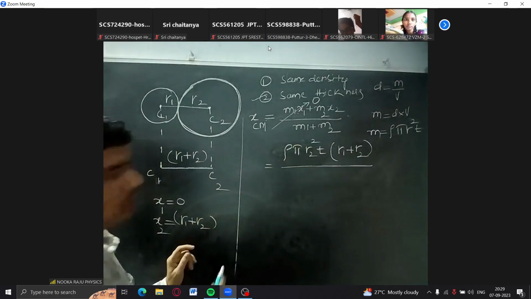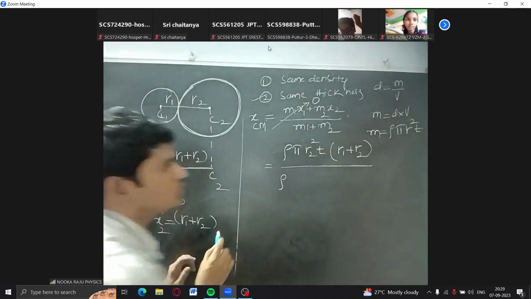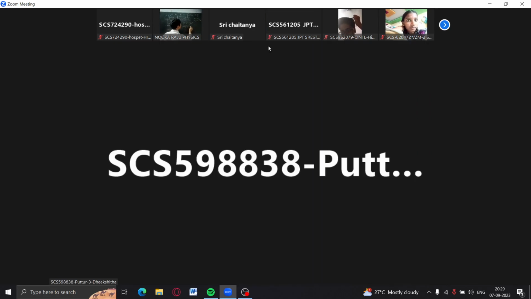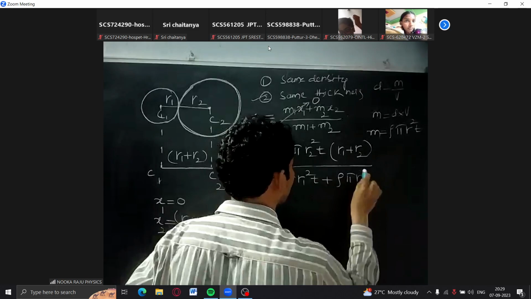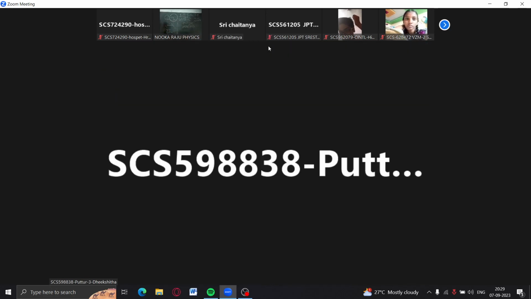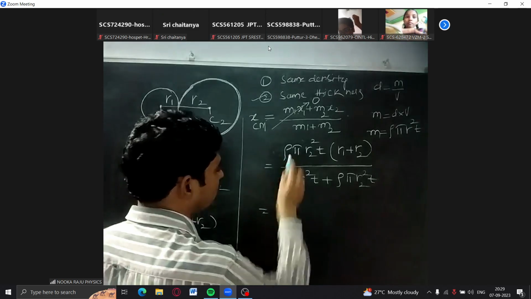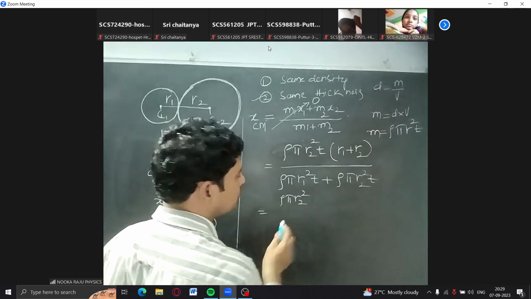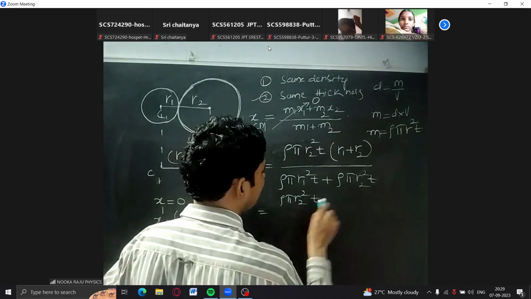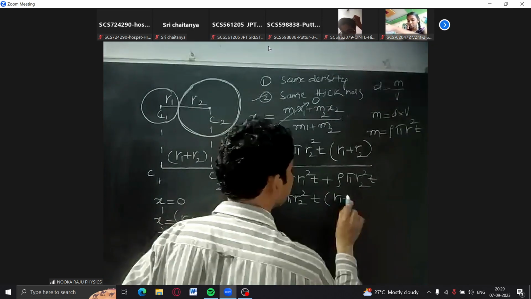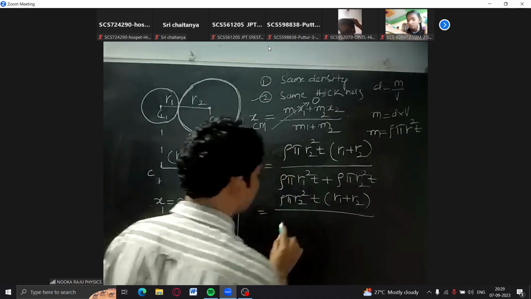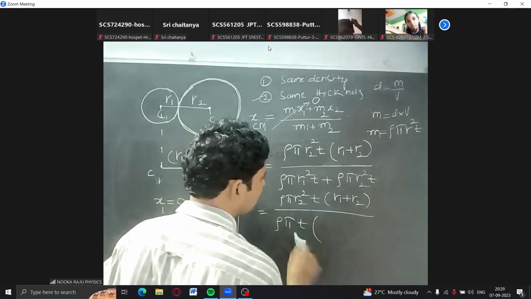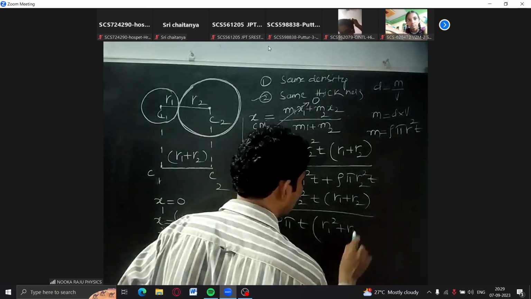For the denominator, we write rho into pi into R1 square T plus rho into pi into R2 square into T. So here take common rho into pi into T, which are constant. The remaining terms are R1 square plus R2 square.